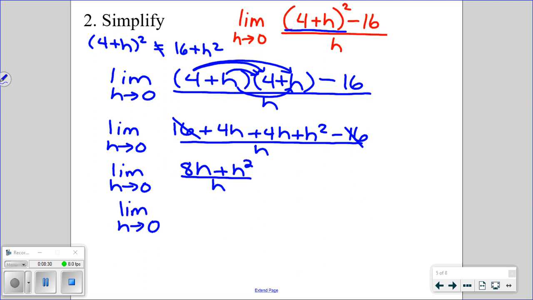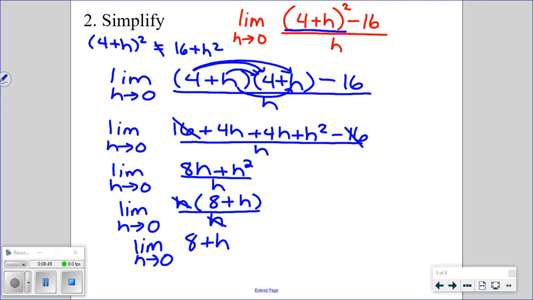I'm noticing we can factor an h out of the numerator, leaving 8 plus h. And now the h over h simplifies to equal 1, so we can cross those out. That leaves us with the limit as h approaches 0 of 8 plus h. And now we can just do direct substitution, plugging in 0 for h. And so we get 8 as the answer to the limit.